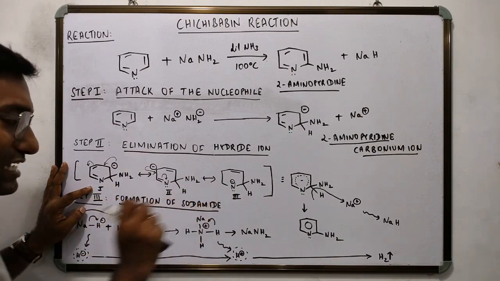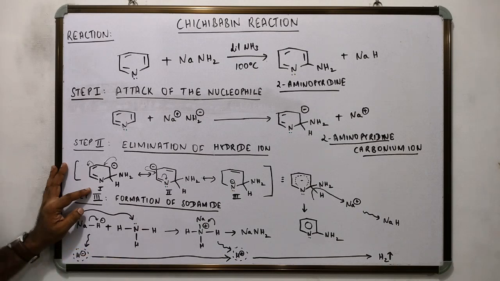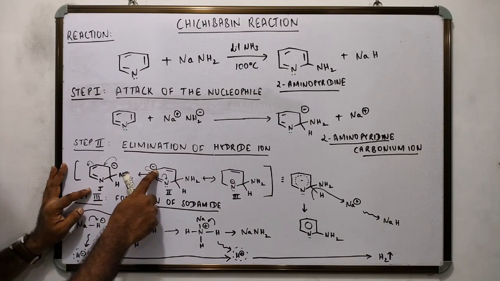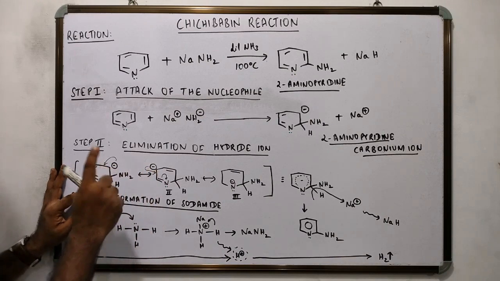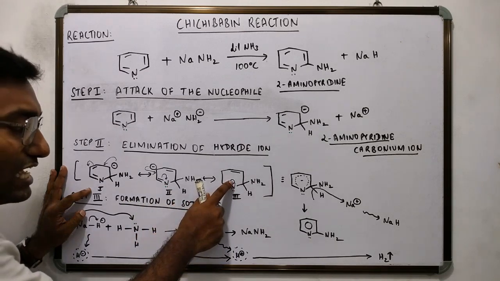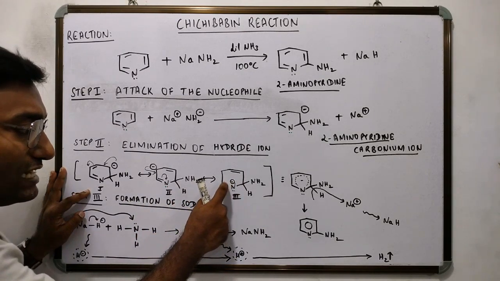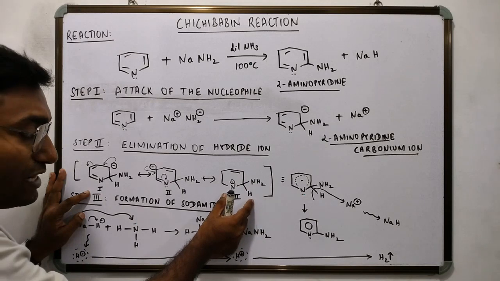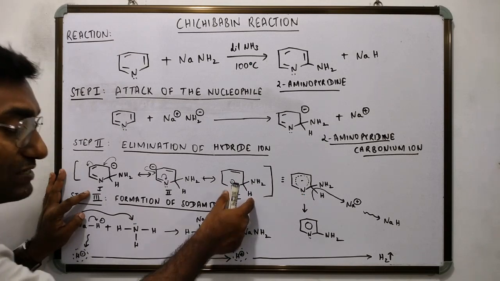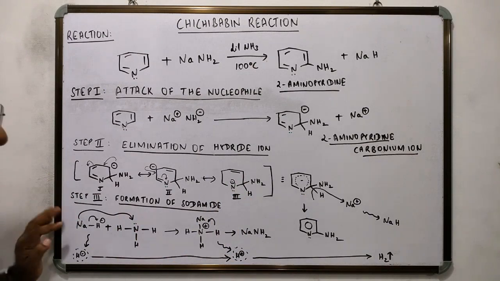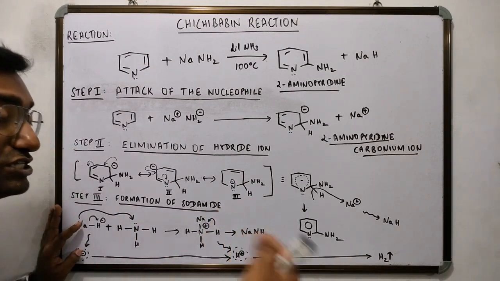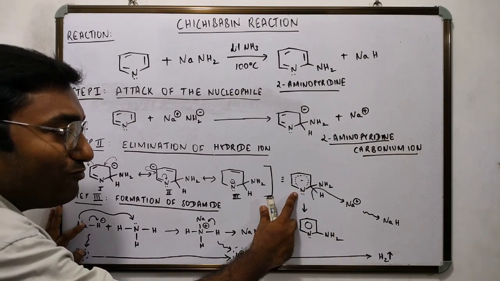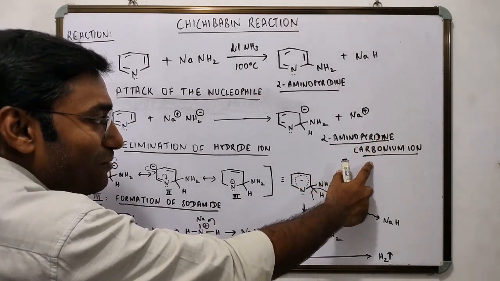All the 3 resonating structures are very stable. 2 of the resonating structures have electron density at the carbon atom, and one of the resonating structures has the electron density spread over the nitrogen atom. All the structures are stable, and particularly the third resonating structure is very stable and provides exceptional stability to the resonance hybrid structure of the 2-aminopyridine carbonium ion.